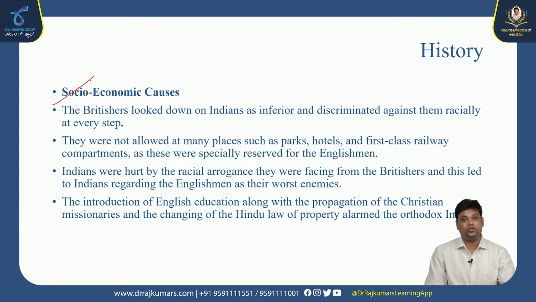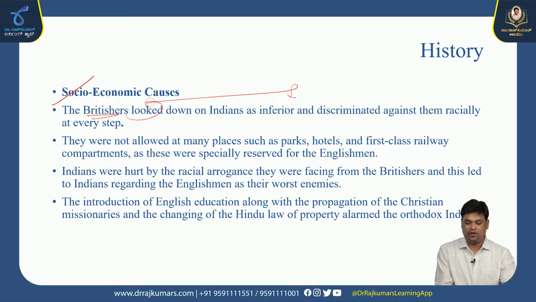Next one is the socio-economic cause. The British looked down on Indians as inferior. There was an inferior attitude towards Indians by the British employees, and they also discriminated racially at every step, because white people always discriminated against black people. That exactly happened in the socio-economic cause.